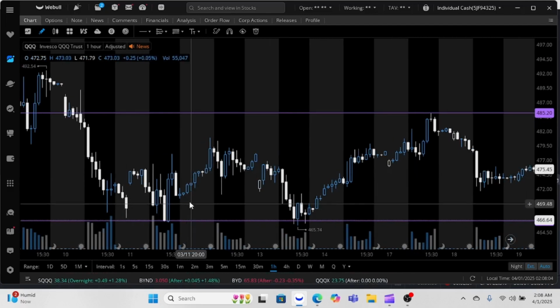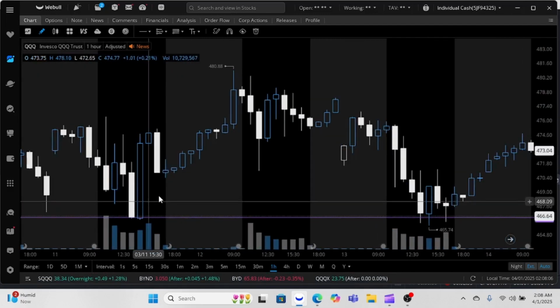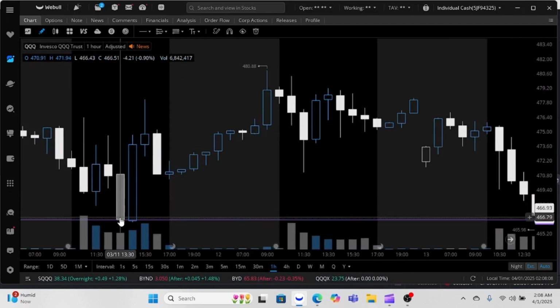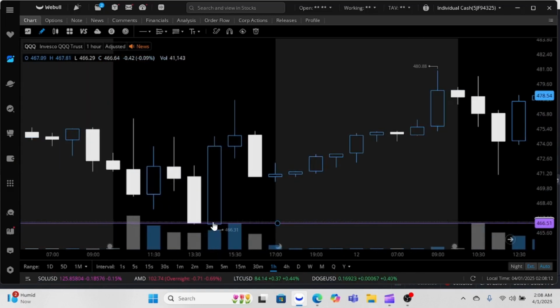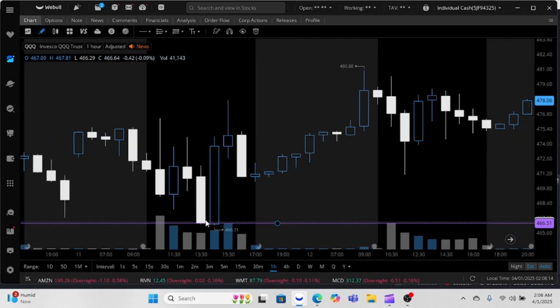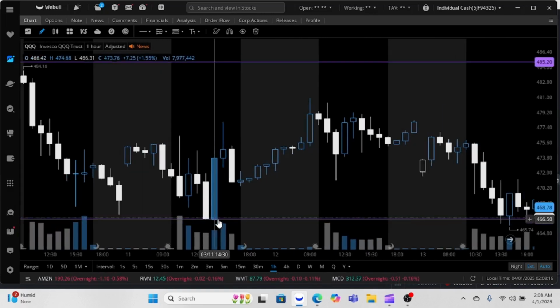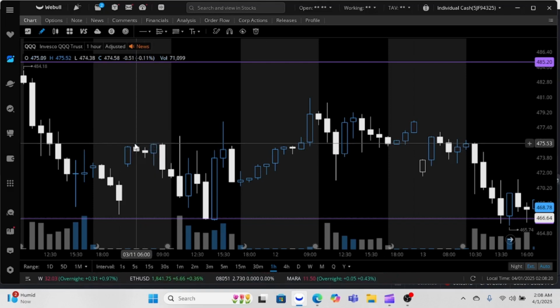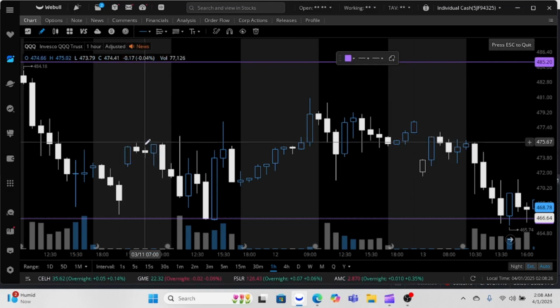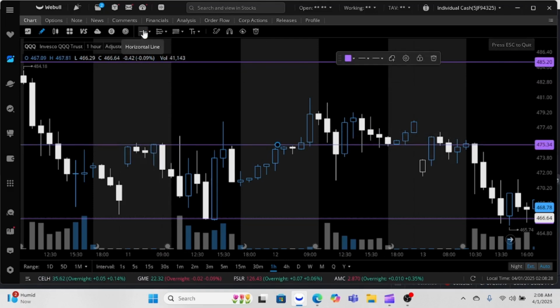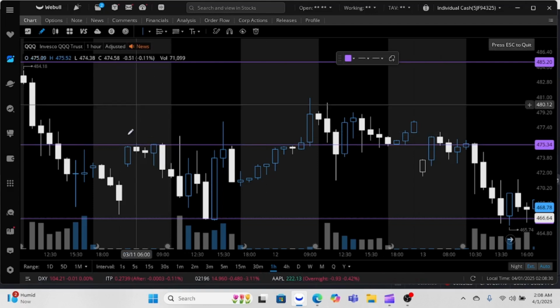And you also have liquidity when you have an equal low. So see these two candles right here? See how they're about equal? That's what you're going to call equal lows. You're going to have liquidity below that. You would call these equal highs because all these highs are about equal. So right here, let me section that off.